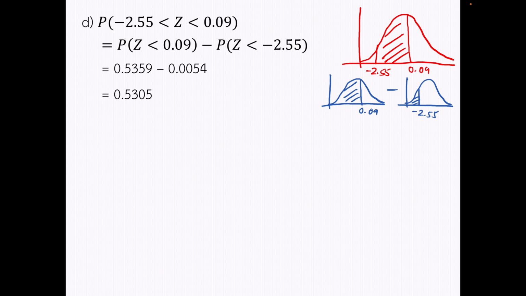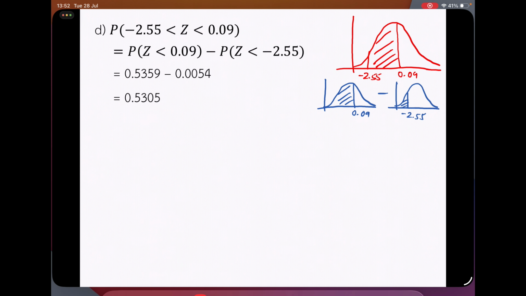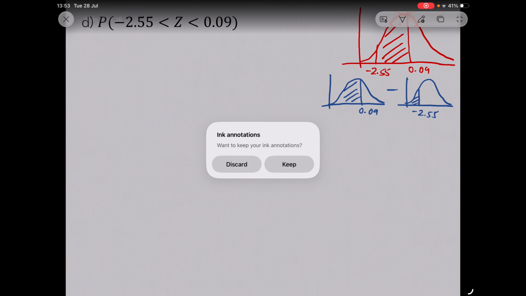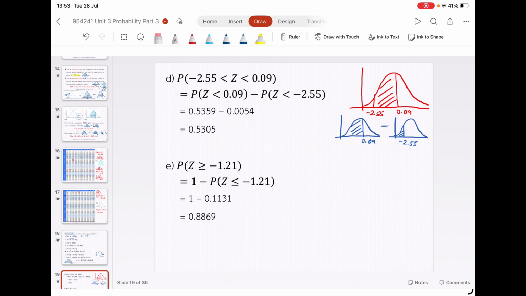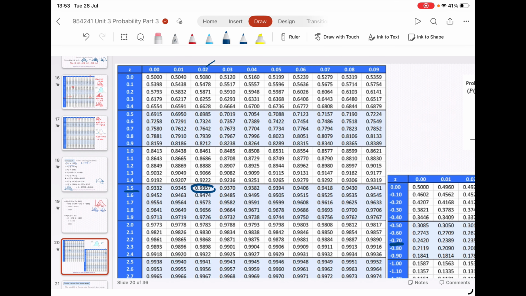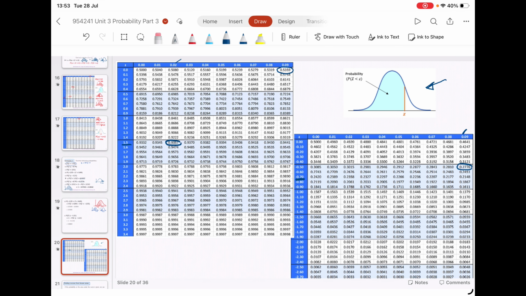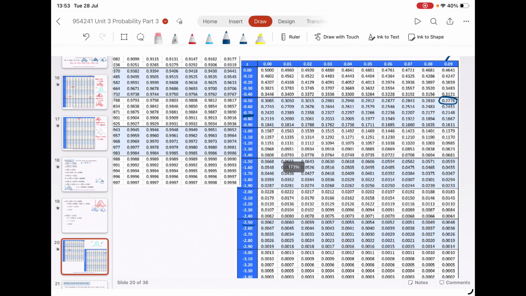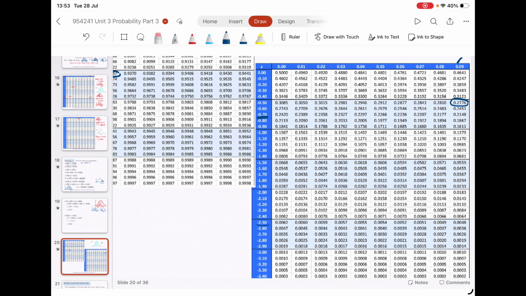From the table, P of Z less than 0.09, go back here, it's 0.5359. And minus 2.55, minus 2.5 is here, minus 2.55 is this one, 0.0054.